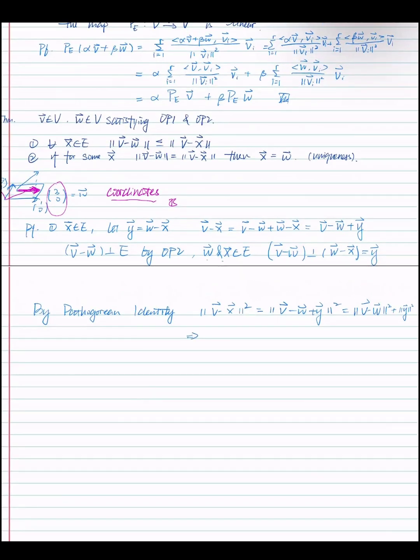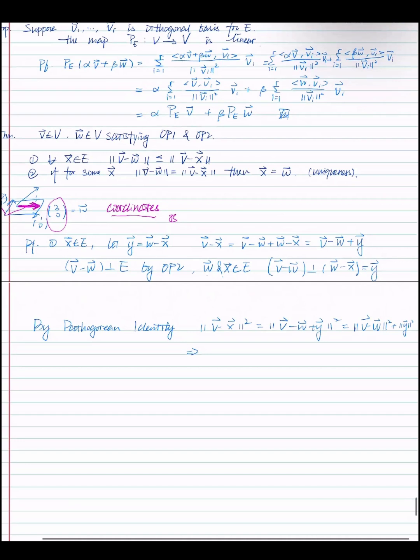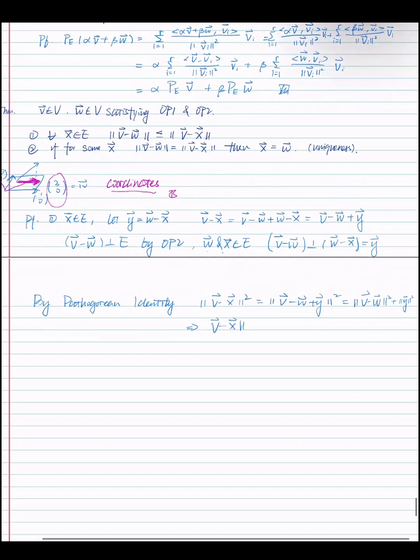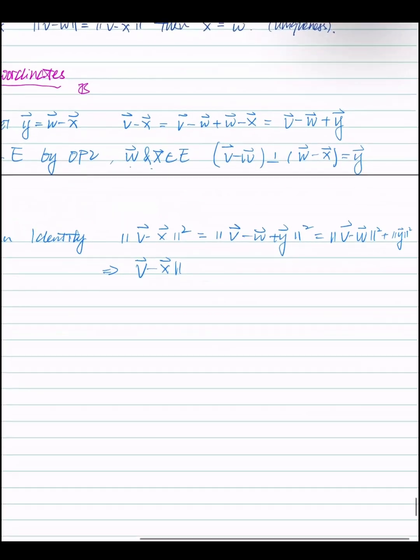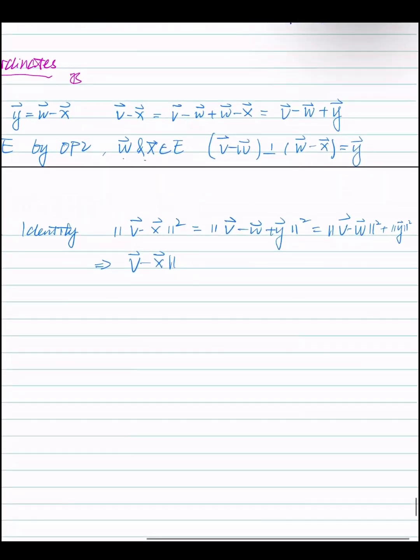This Y squared is non-negative, greater than or equal to 0. Therefore, we have a number equal to another number plus a non-negative number.